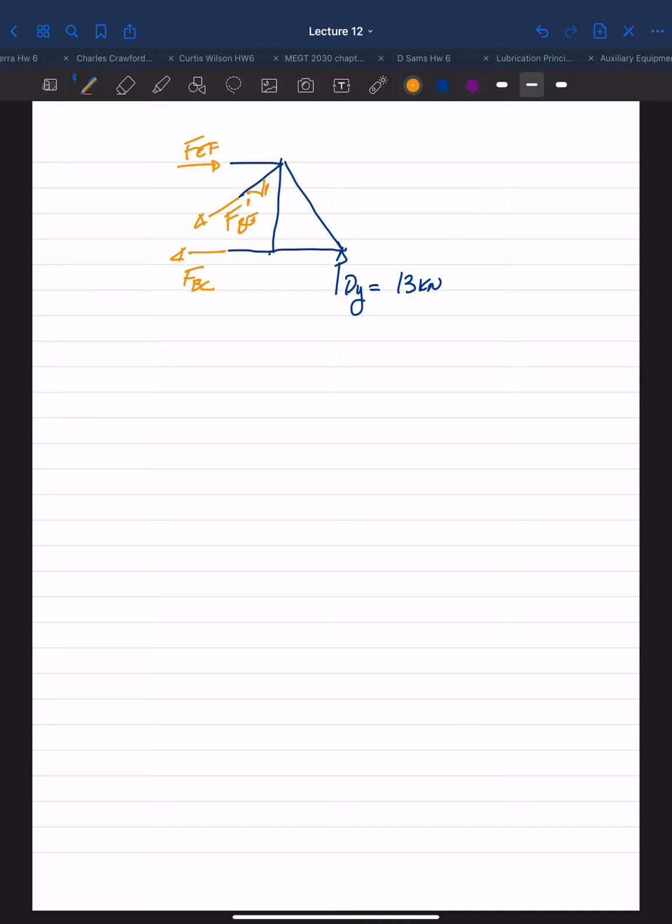So the diagonal must be 3 times the square root of 2. We have our P2 coming down here of 12 kilonewtons. Let's not forget about that. It's our method of sections. We've made our section and we'll get to work.